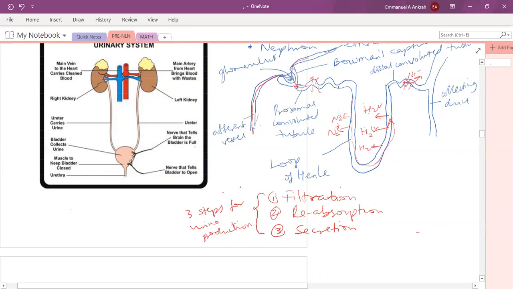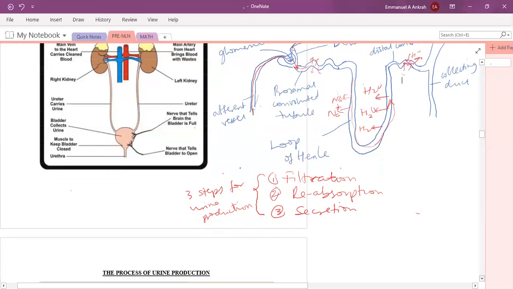So it depends on the state of your body. You either release that ion into the urine or you absorb it, and all occurs in the distal convoluted tubule here. Okay, so remember these three steps for urine production: filtration, reabsorption, and secretion.